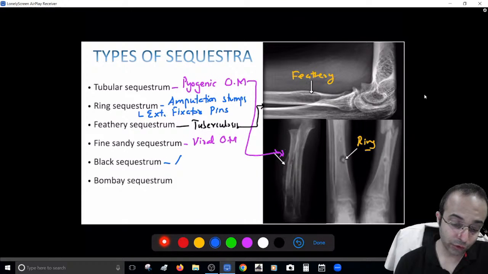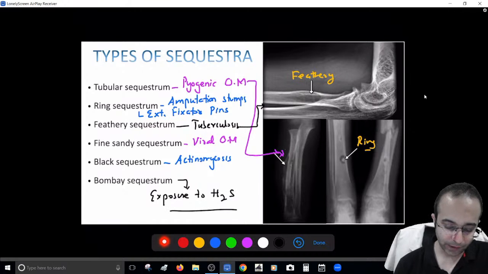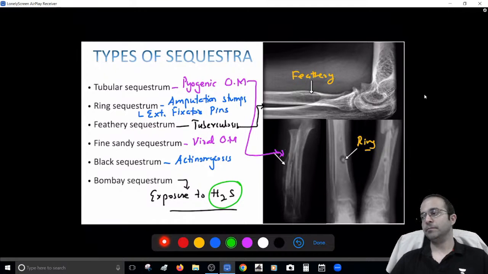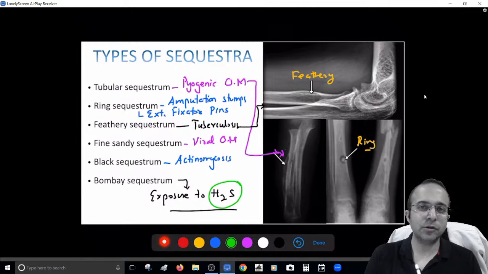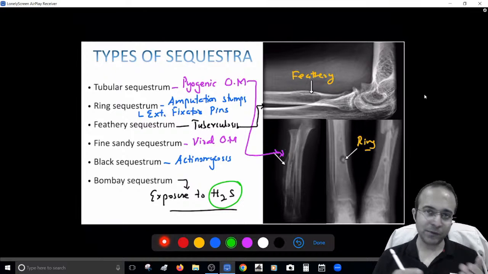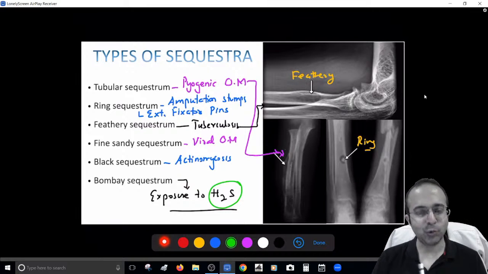A black sequestrum, actinomycosis, and Bombay sequestrum when there has been exposure of the bone to hydrogen sulfide, H2S. So these are some of the scenarios where you have some classical types of sequestra visible on the x-rays, and maybe from the sequestra you can pick up the etiology as to what is likely the cause behind this chronic osteomyelitis. So I hope you're clear with these types of sequestra.